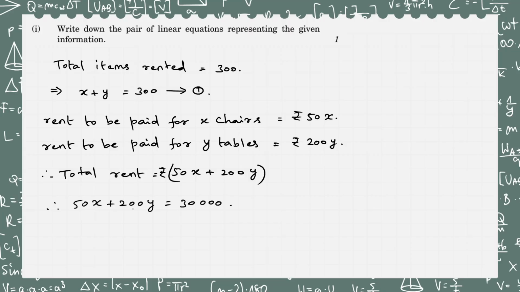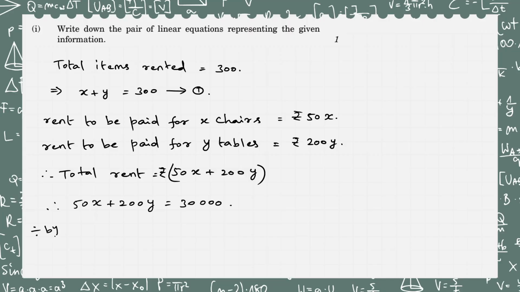But we can reduce this equation. See, the coefficients are very big here, right? So we have to simplify them. Otherwise, we will have many difficulties when we are solving them. Okay, so each of these numbers are multiples of 50 only. So we can divide with the 50 throughout, right?